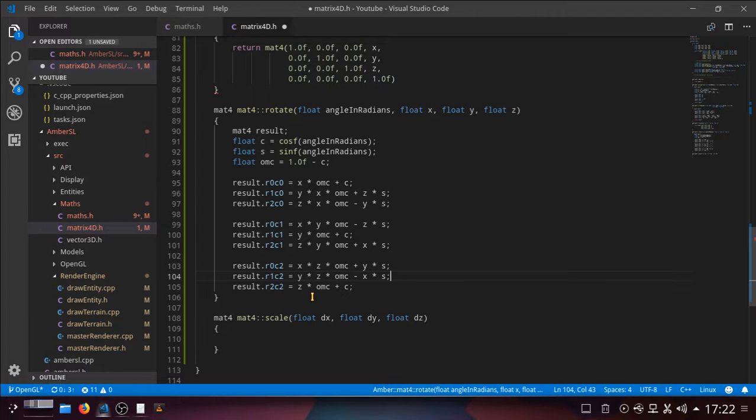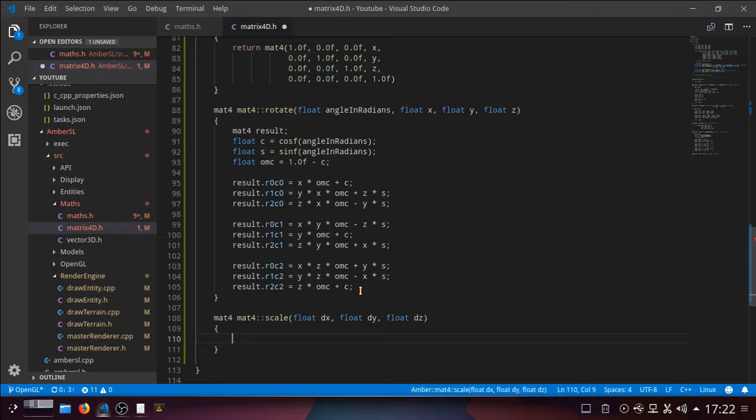A gimbal, by the way, is something you use on the camera to make sure it remains level when you are moving the camera around. And it's a gimbal mount. And a gimbal lock is when you lock it to straight up or straight down. And that would mean that your camera would incapacitate itself. So you'd be moving it around, you'd look straight up, and whoops, locked. Reload game. Yeah, not good.